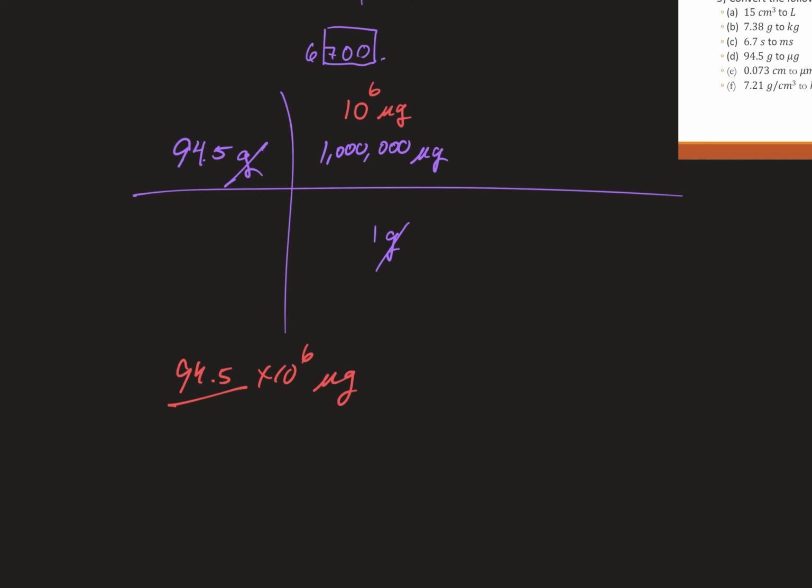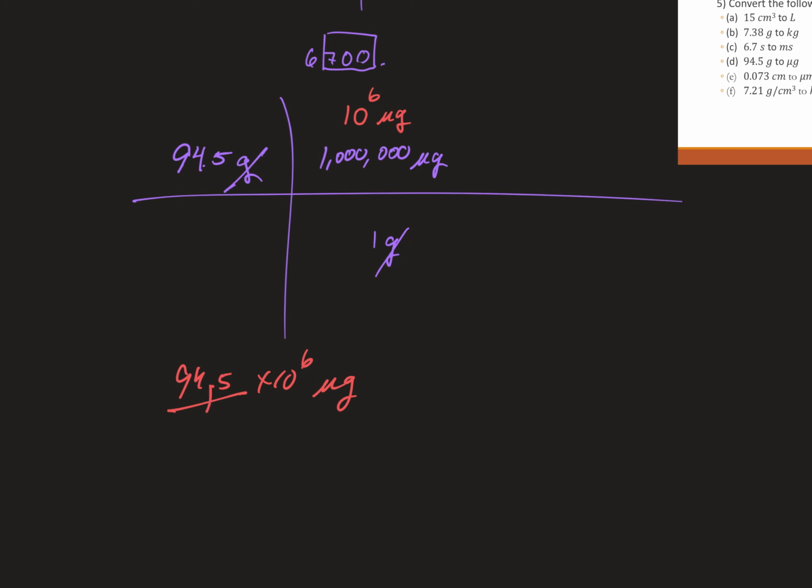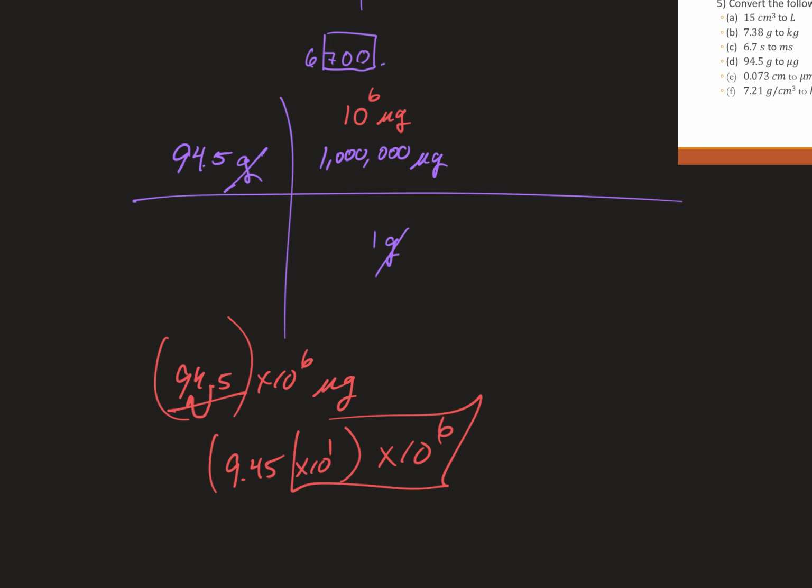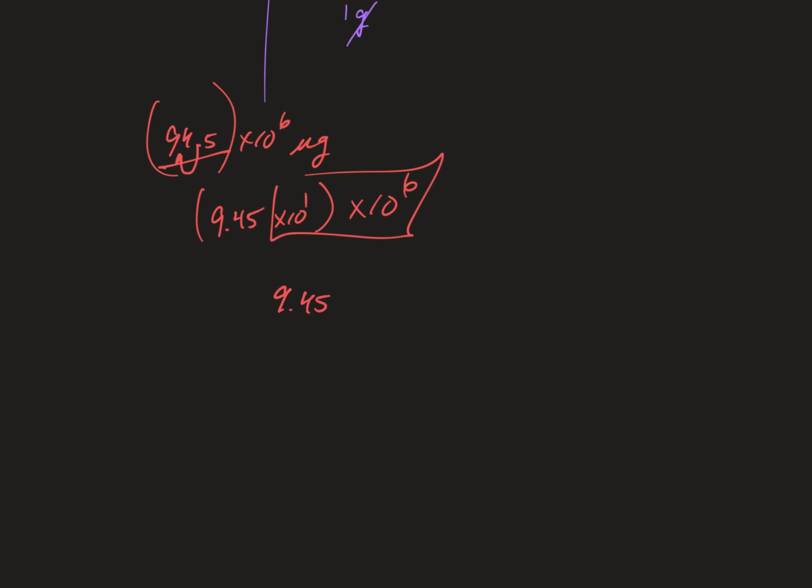But this is not a proper standard scientific notation, so you have to move that over. See, there we go with the pen. If we just take the 94.5, this is 9.45 times 10 to the 1st times 10 to the 6th. Now these combine together to give you 9.45 times 10 to the 1 plus 6. It's rules of exponents. So this is 9.45 times 10 to the 7th micrograms.